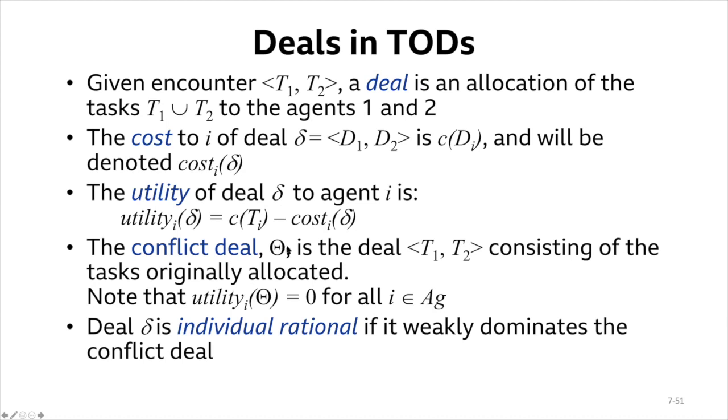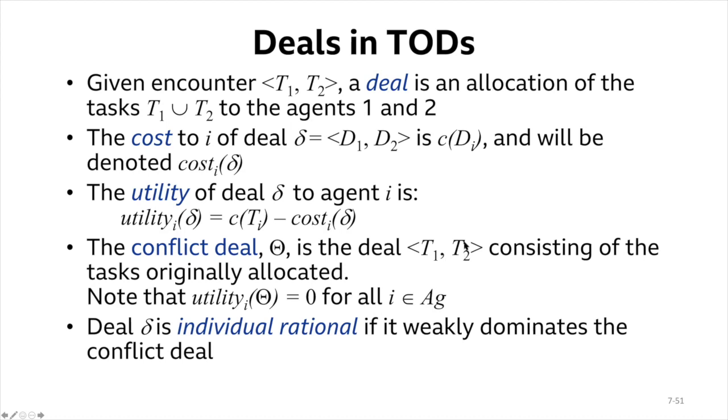So for that reason, we introduce what's called the conflict deal, theta, and this is the deal which corresponds to the originally allocated tasks. The way to think about this is if negotiation falls apart, if you come to me with a deal which would make me worse off than my originally allocated task, I'm going to say, no, I will go with my originally allocated task.